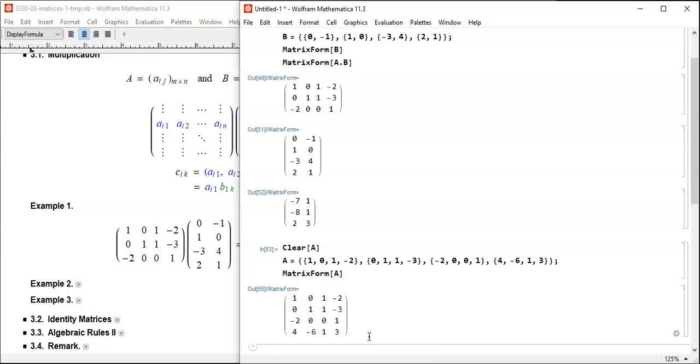Now that I have a square matrix, maybe I can consider the inverse matrix, if the inverse exists. Well, how do I find the inverse matrix of this 4 by 4 matrix? If you use the paper and pencil method, it's going to take maybe an hour. Maybe not that bad, but it's going to be pretty bad. So I'll ask Mathematica to do it.